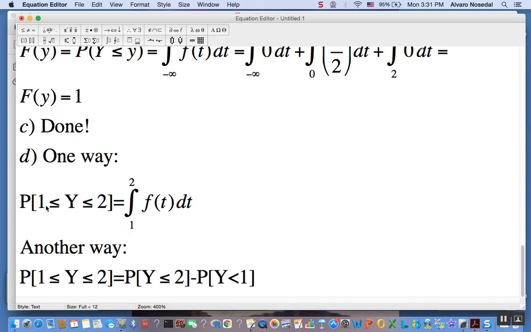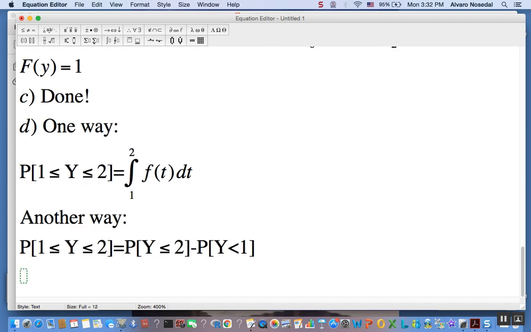It would be the probability that y is between 1 and 1, so the integral from 1 to 1 of the PDF. Then you realize the probability of y being equal to 1 is 0, because it would be like the area of a rectangle with a base of length 0. So no area there.